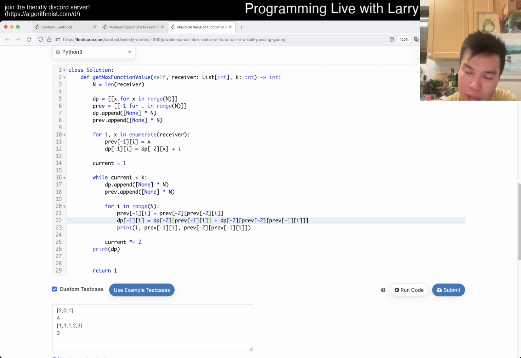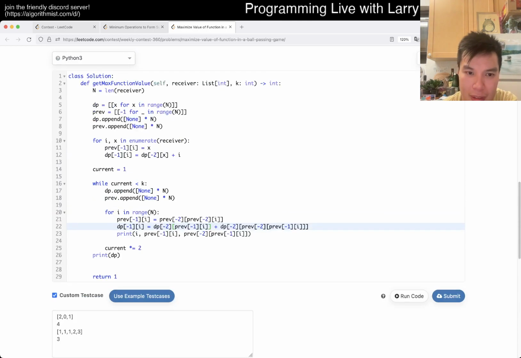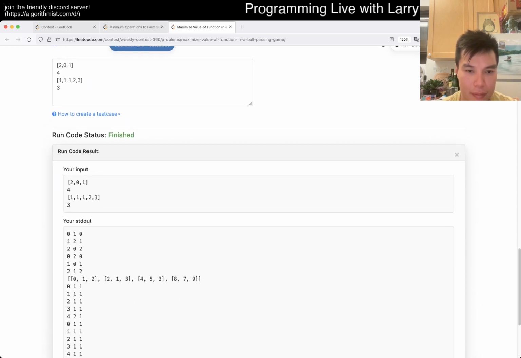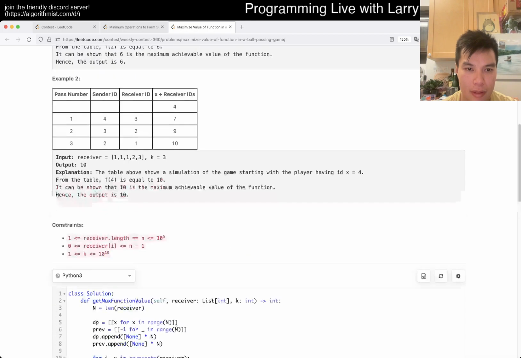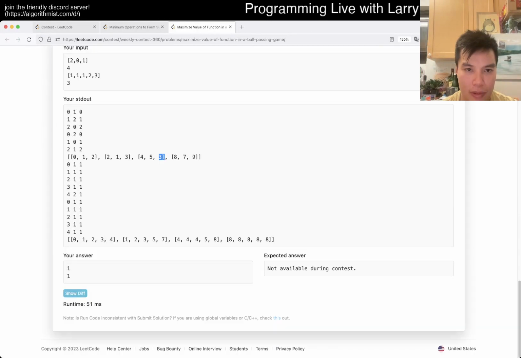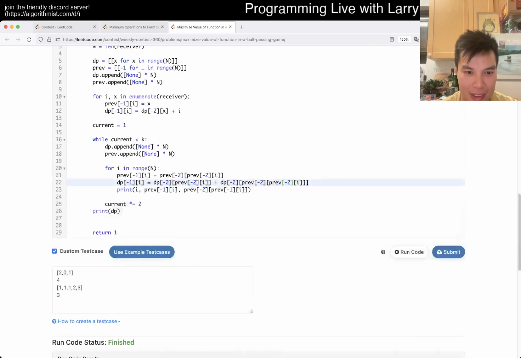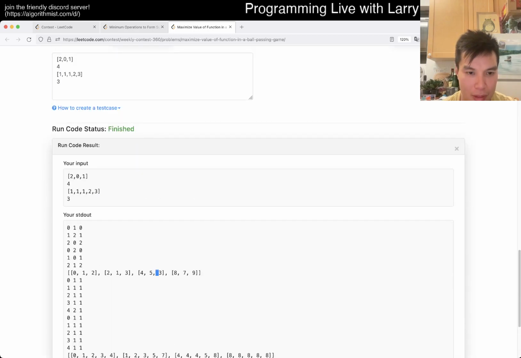The previous is right. This is right, but this is wrong. This should be. Okay. There we go. That's for 2. 4 is 9. Is that right? Now 4 should be 6. So I'm definitely still off by a little bit here.